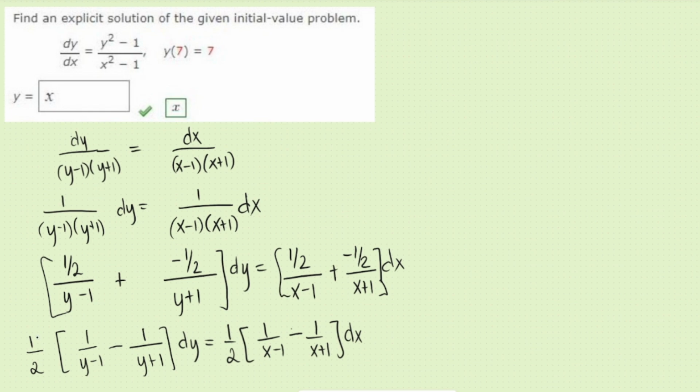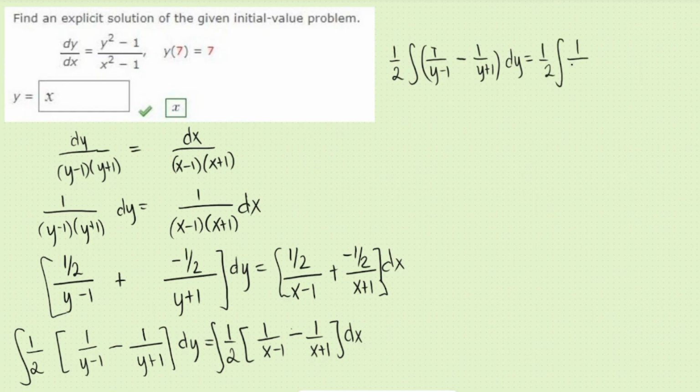Okay, so we can now integrate both sides of the equations, and we will have 1/2 integral of 1 over y minus 1 minus 1 over y plus 1 dy is equal to 1/2 integral of 1 over x minus 1 minus 1 over x plus 1 dx.